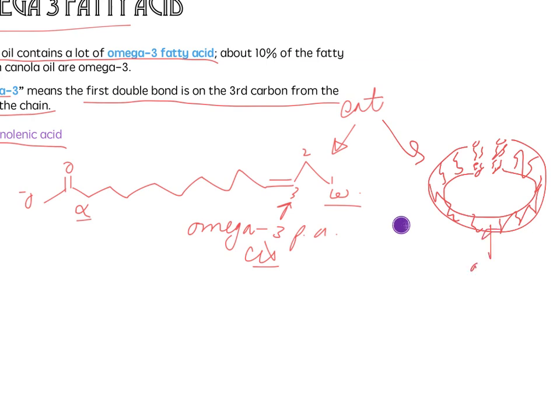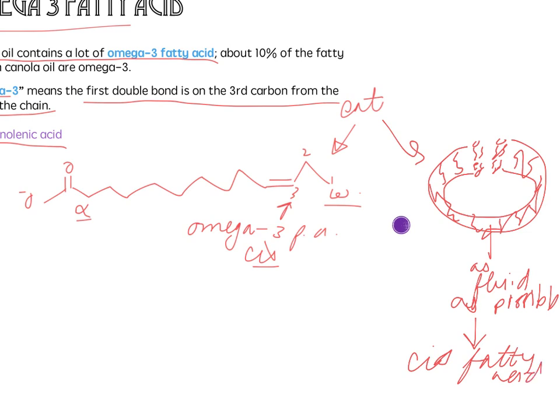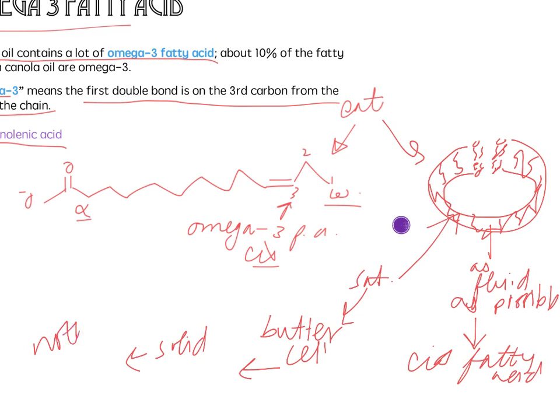You want this membrane as fluid as possible. And the way to get that is by incorporating cis fatty acids into the membrane. If you incorporate too many saturated fats, then you basically get what I'm going to call the butter cell membrane. The membrane becomes solid, and then nothing passes through.